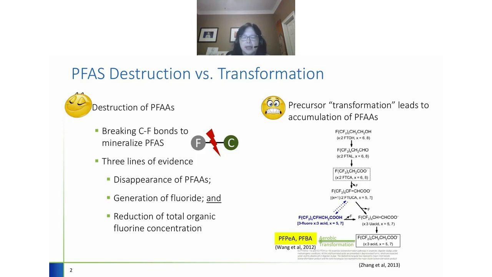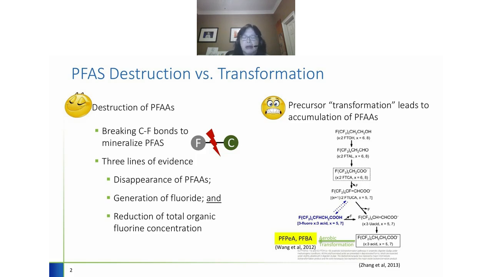Completely breaking it is not that easy, even though everyone is talking about PFAS destruction. During the destruction processes, it's very easy to find fluorinated intermediates. They can be generated before PFAS are completely mineralized.